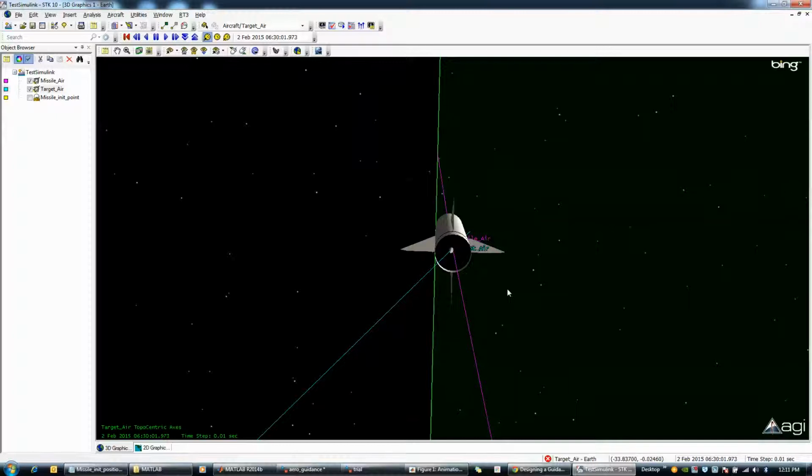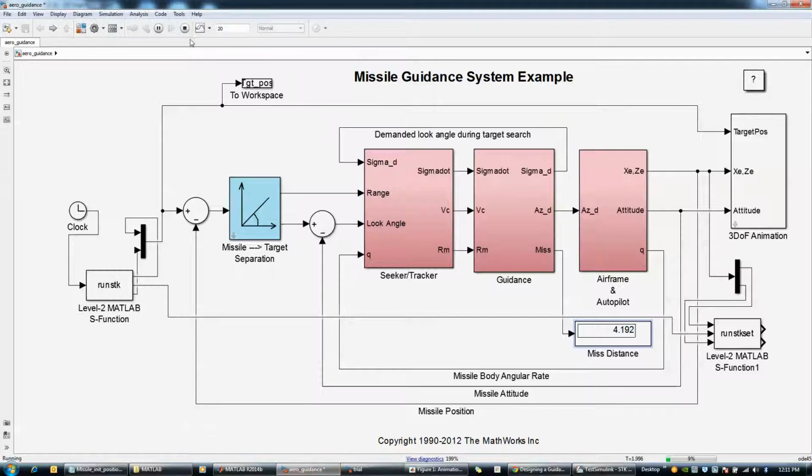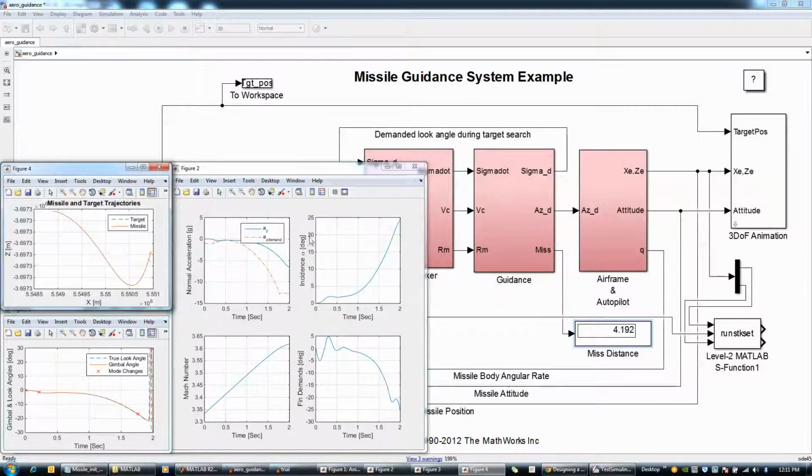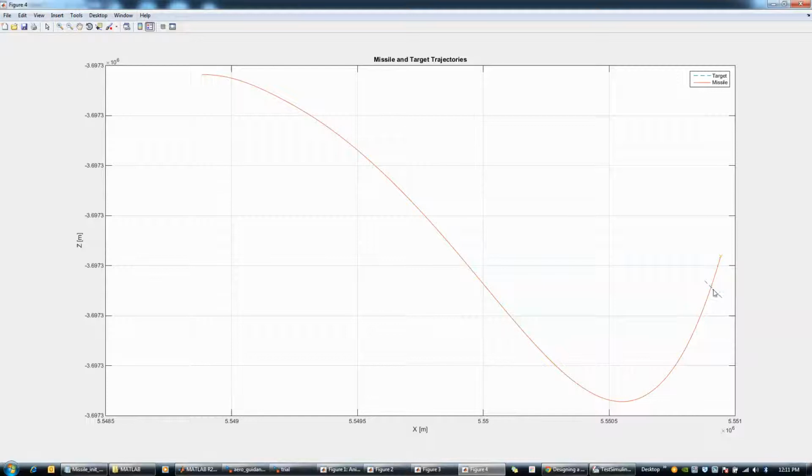So I can keep changing the target position and find out how the missile performs. And if I stop this simulation, you can see the route the missile has taken. So this time it has hit the target exactly at the right position. This is the route the missile has redirected itself using its position so that it hits the target.